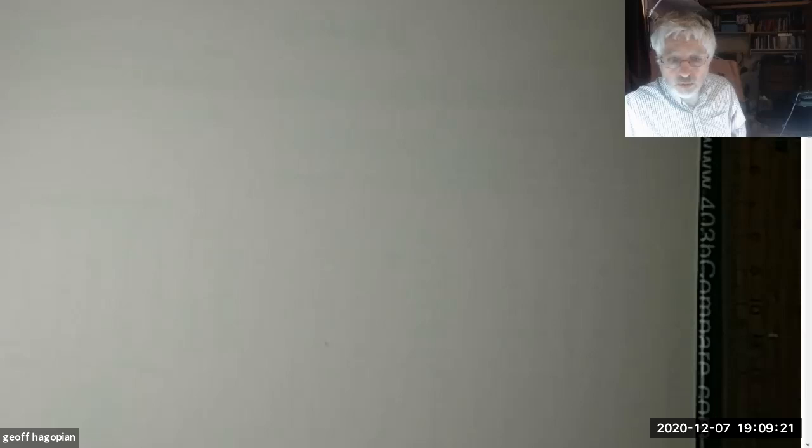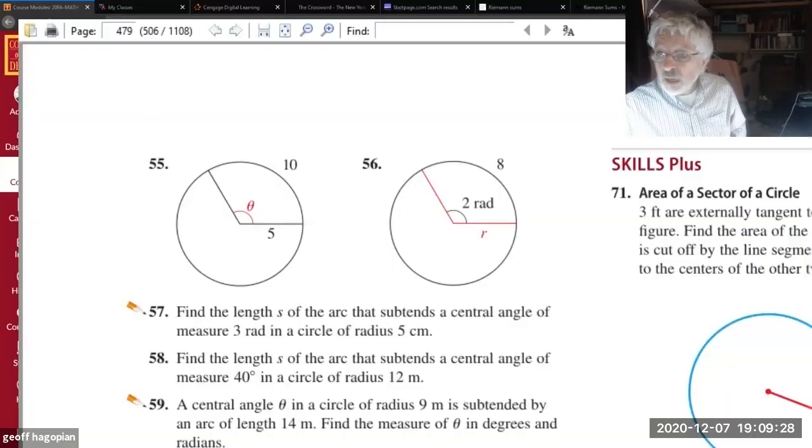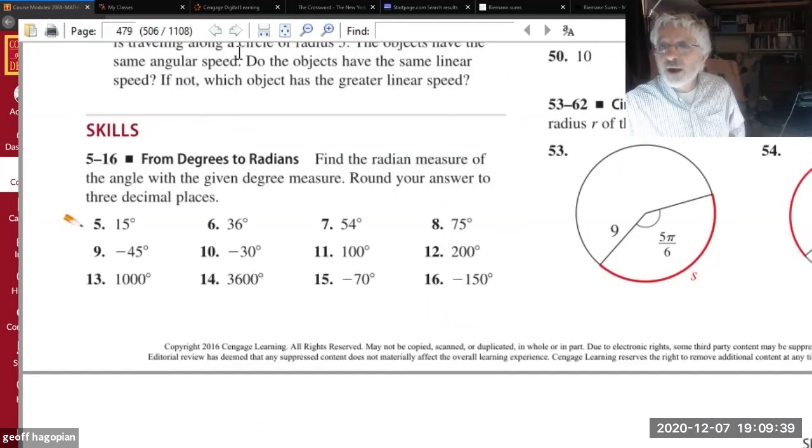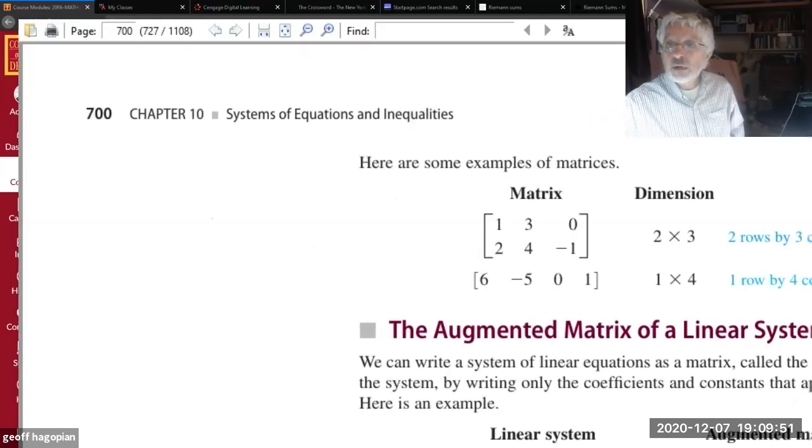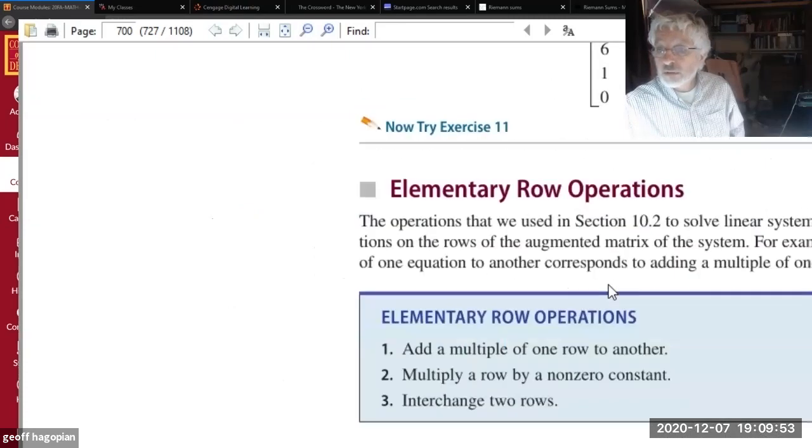So maybe let's go to the textbook, which I think I have available here. Okay, and I think I'm in chapter 5. I was hoping to find a table of contents somewhere, but let's just go to page 700 and see what's there.